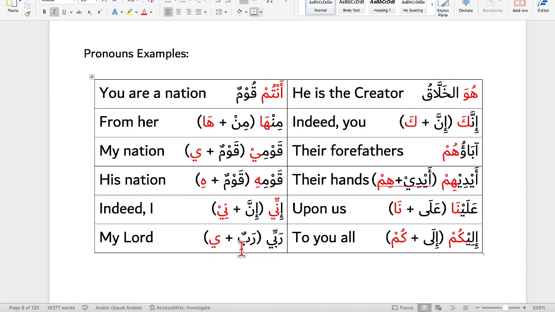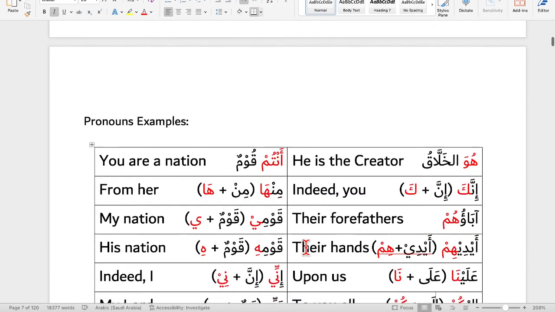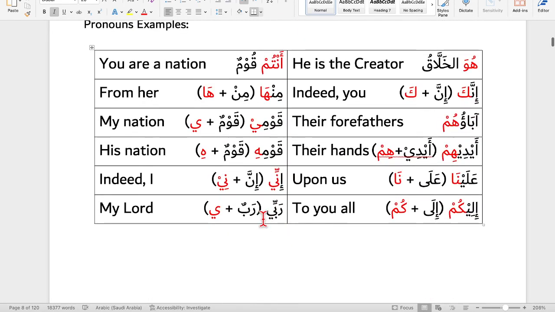The last one here is ya. Just like I said before, ni or ya come from the attached pronouns for ana, as you have seen here. Rabbi means my Lord. Rabbun, Lord. Rabbi, my Lord.